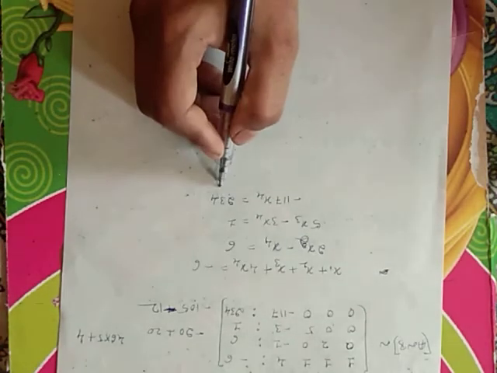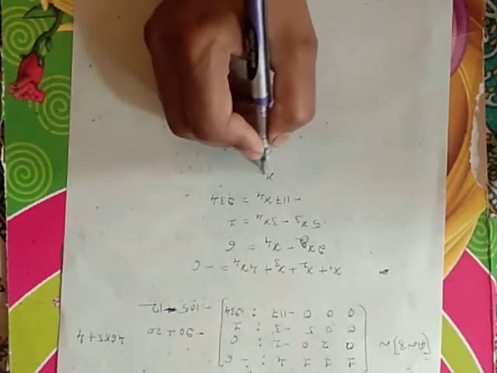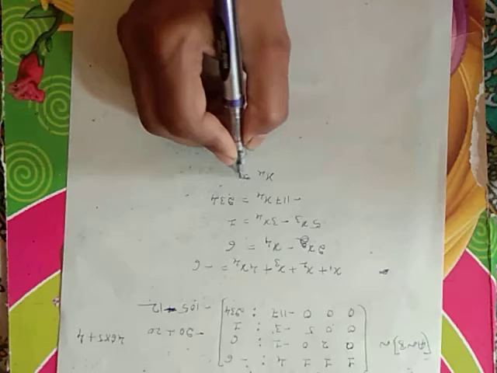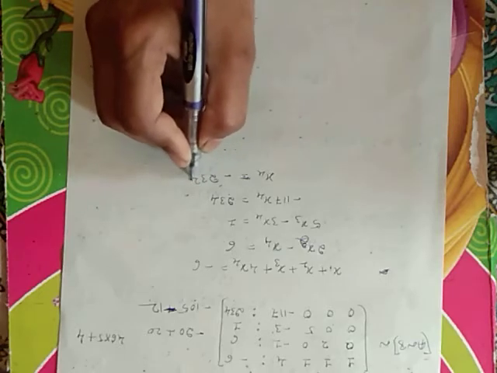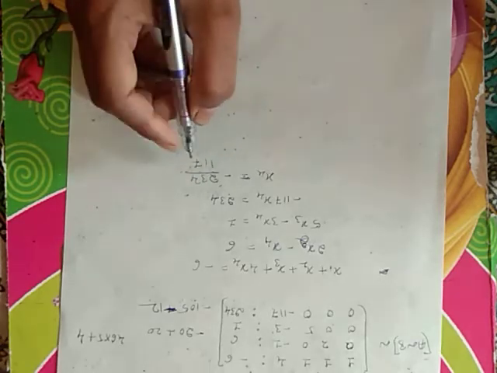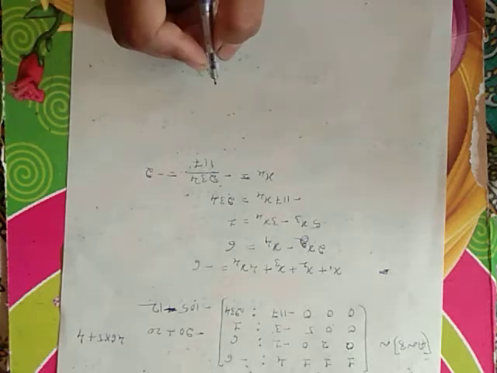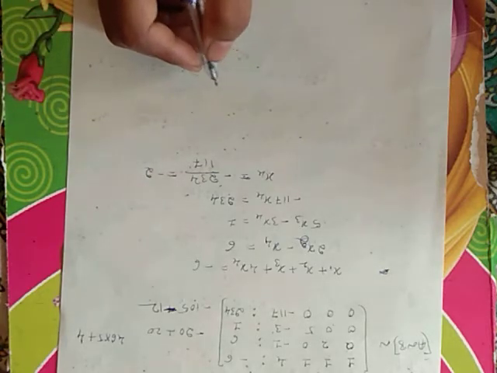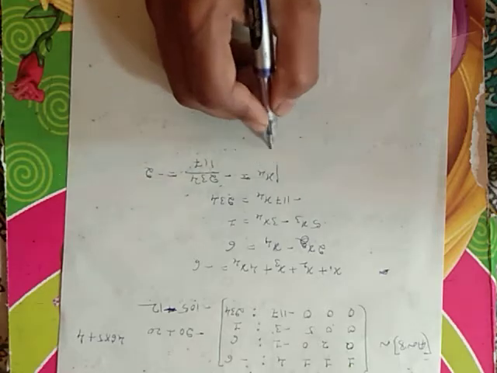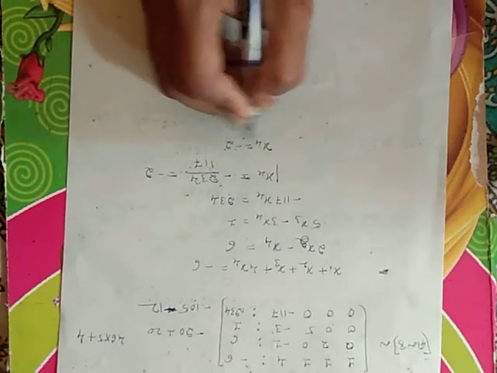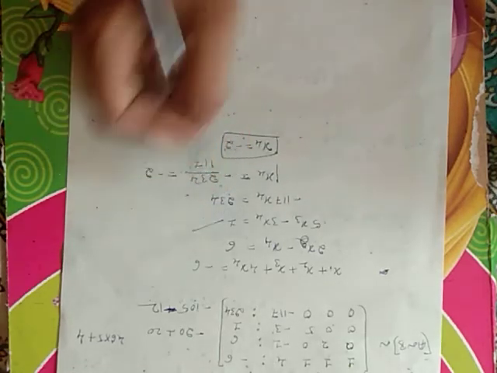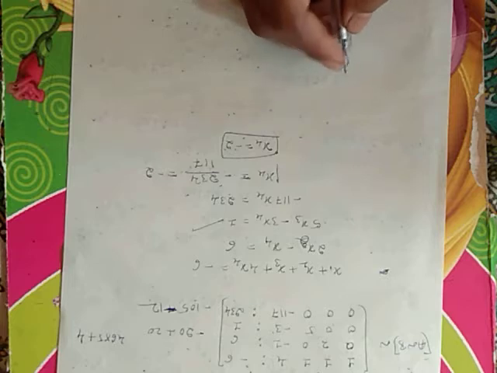From the last equation, x4 equal to, sending this minus 117 to the RHS, that is minus 234 divided by 117, which is equal to minus 2. So x4 equal to minus 2. Now substitute x4 equal to minus 2 in this equation to get x3.